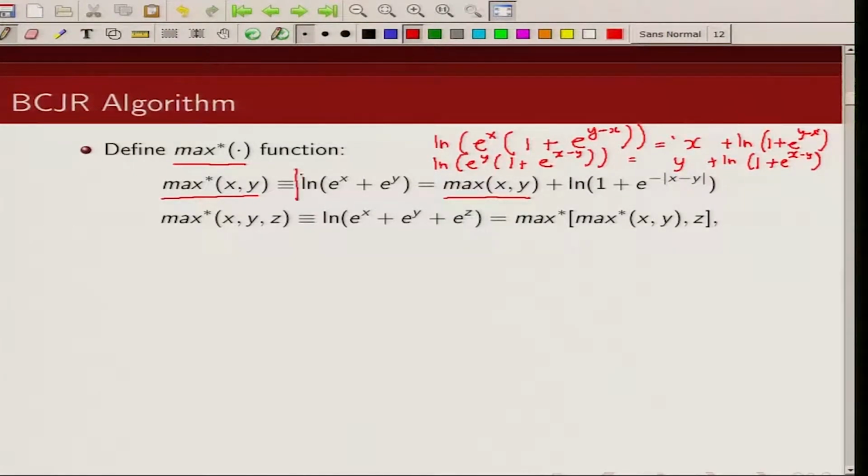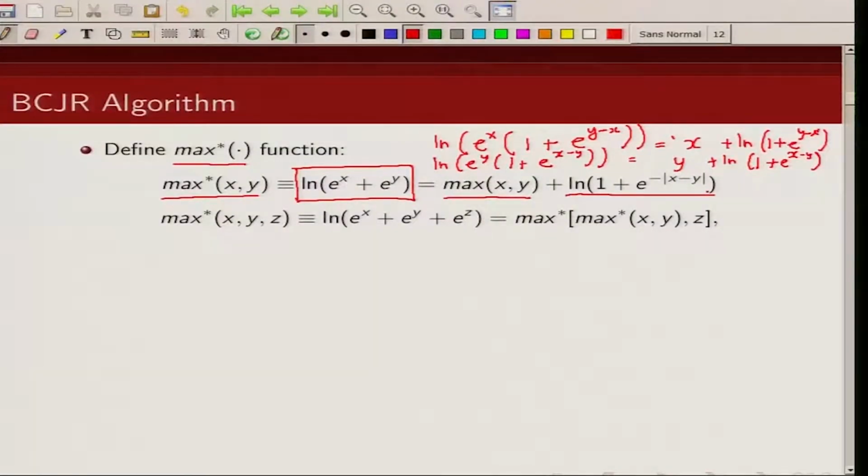So, whenever I have to take the log of terms of this form, I can implement it simply as the maximum of these two operands x and y plus some correction term, which can be implemented with a table lookup. And this operator can be extended to more than two operands.